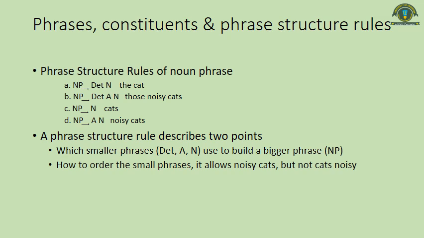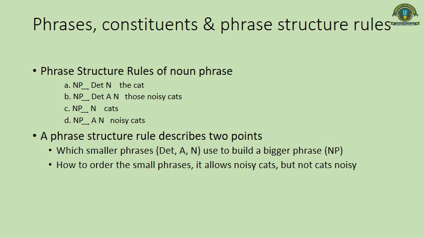So we can mark optional sub-phrases as well. A phrase structure rule tells us two major things. Which smaller phrases, for example determiner, adjective and noun, are used to build a bigger noun phrase.